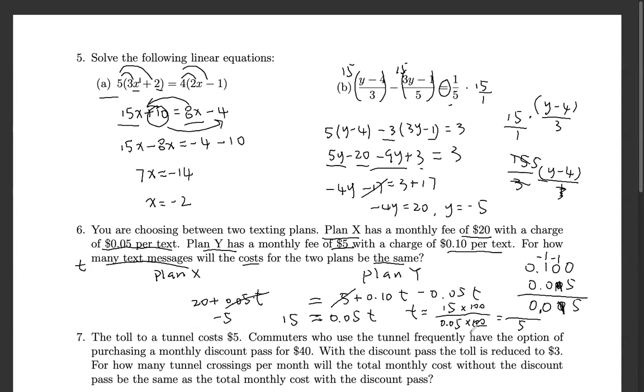So those two zeros kill those two decimal places. And the numerator, I have 15 times 100. Again, 5 goes into 15 3 times. 3 times 100, 300. So for 300 text messages sent in a month, the two plans will cost the same.